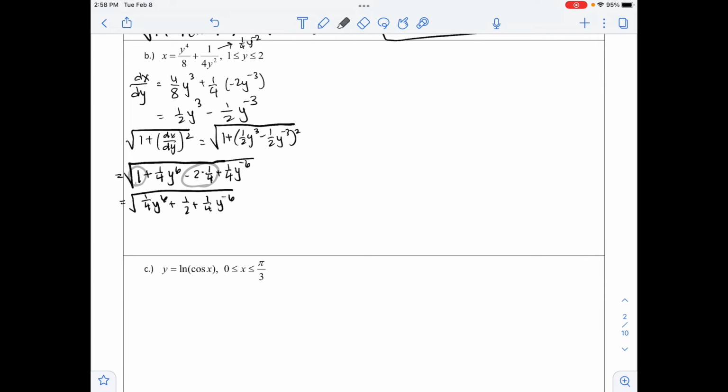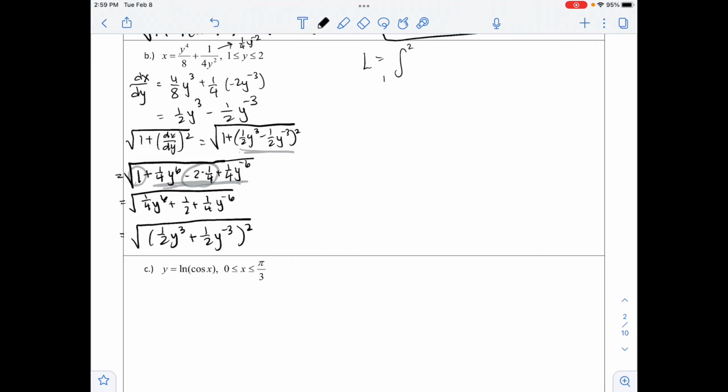And if you realize, that actually is very similar to what we had over here, because remember that was negative 1/2, and what we had up here. So you could actually factor this. It turns into a perfect square. And so this is going to be the same thing as (1/2 y cubed plus 1/2 y to the negative third) squared. This simplifies even more, but I'll go ahead and rewrite my length formula here to find that arc length. Since we're integrating with respect to y, it's going to go from 1 to 2.